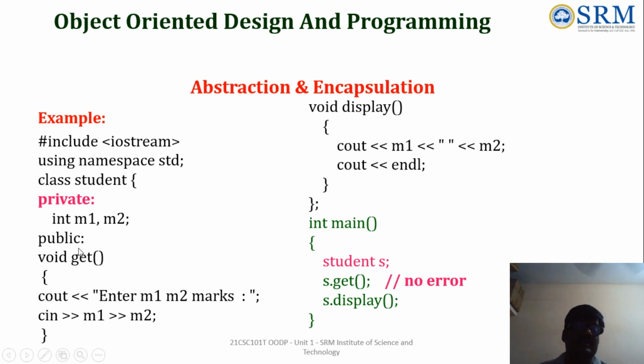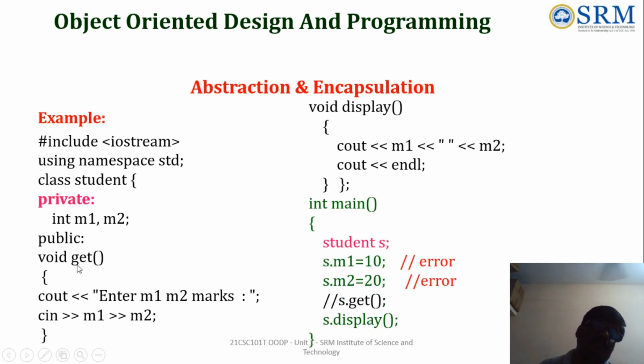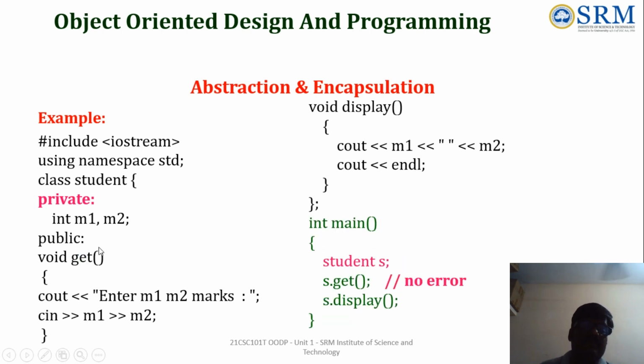So the point is abstraction is achieved, and M1 and M2 are accessed within the class by the other members, get and display. The private members are used within the class, not outside the class. So abstraction and encapsulation are achieved, and get and display are the public members, which are allowed to be accessed outside the class.